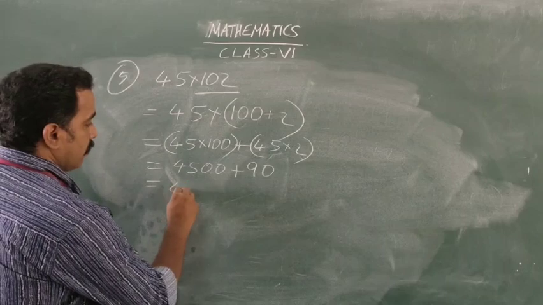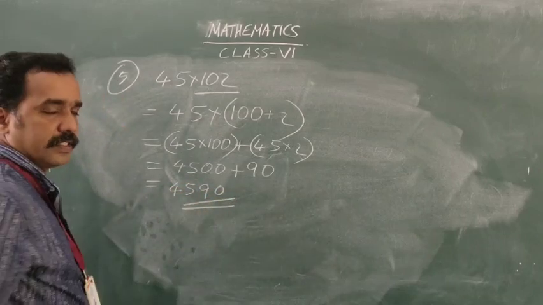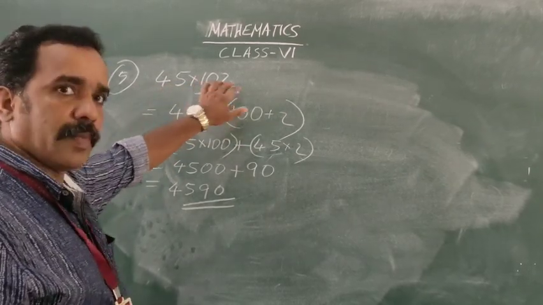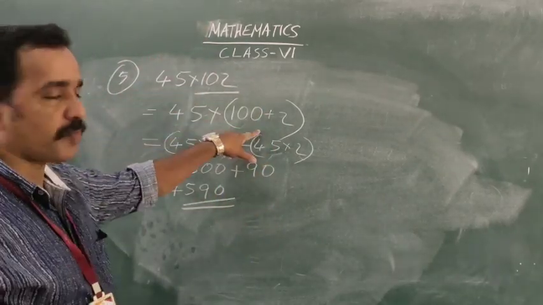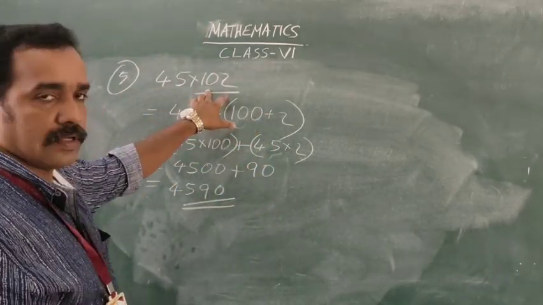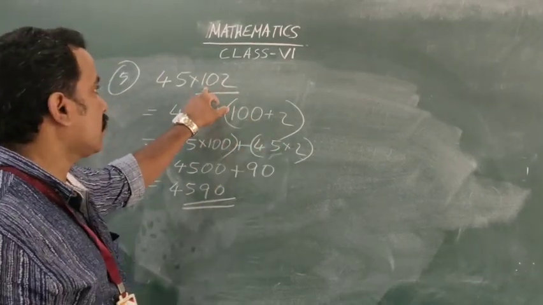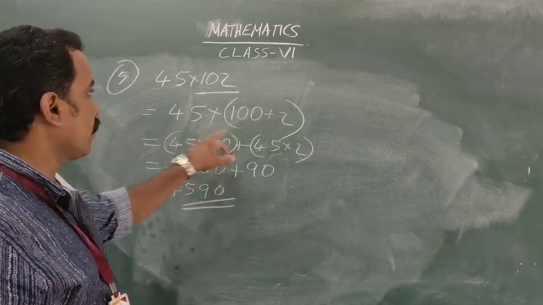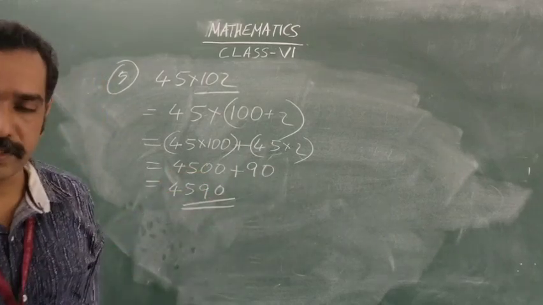Now if you add, 4590, that is the answer. So this is the way. Actually we could multiply directly, but to avoid that actual multiplication, we use properties. In some cases you have to split it, so 102 is 100 plus 2. Then use the distributive property, 45 into 100 plus 45 into 2, and you will get this answer.